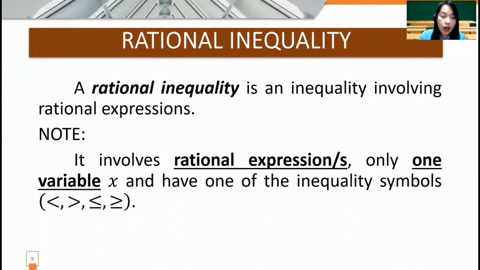There is only one variable, and the last one, there should have only one of the inequality symbols. There are 4 inequality symbols. Here, the less than sign, greater than, less than or equal to, and greater than or equal to.